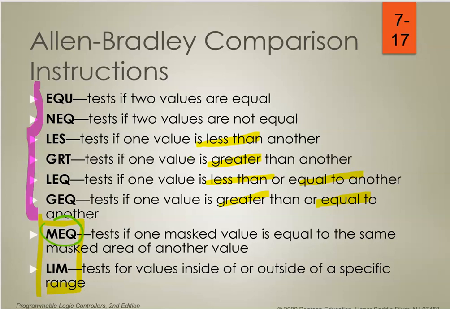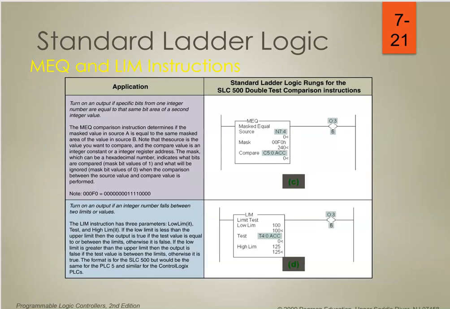So how does it work? Let me show you with an example. Here you can see an MEQ. You have a source and you have a compare. The source and compare are supposed to be compared with each other only at those values of the mask that are equal to 1.